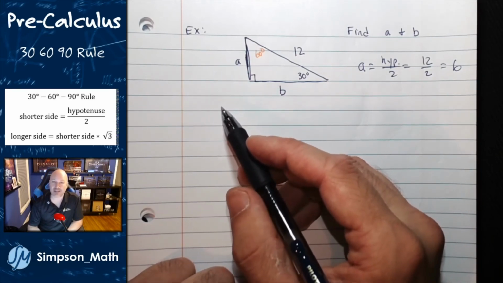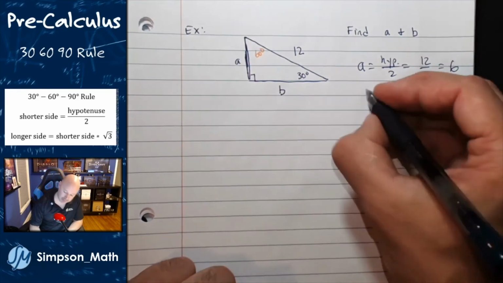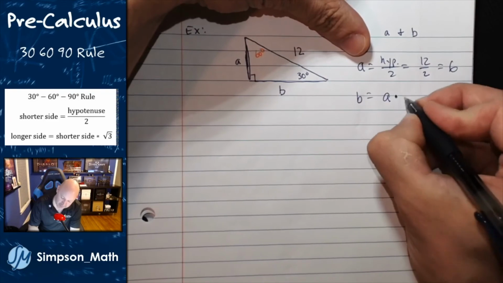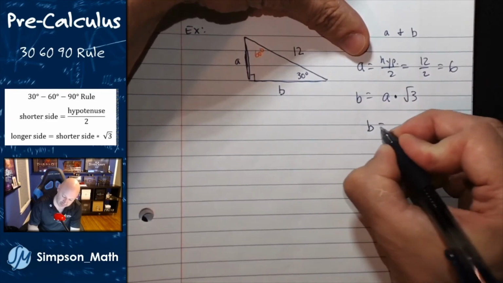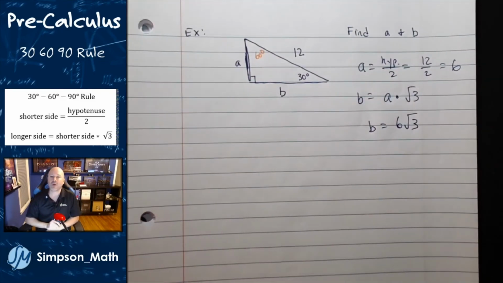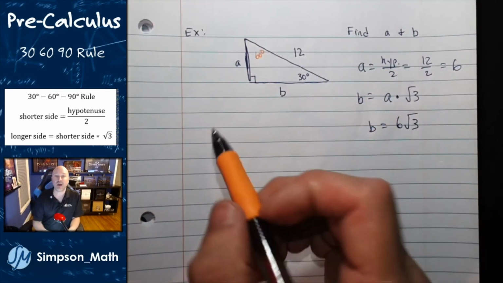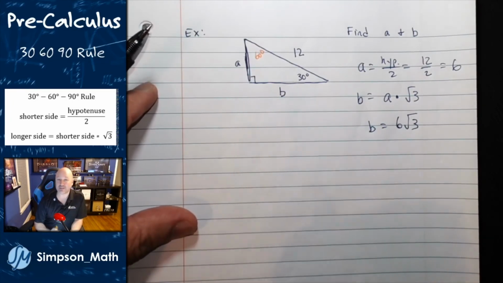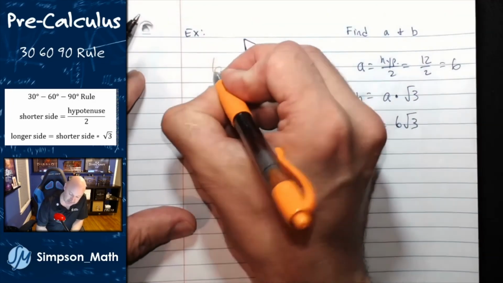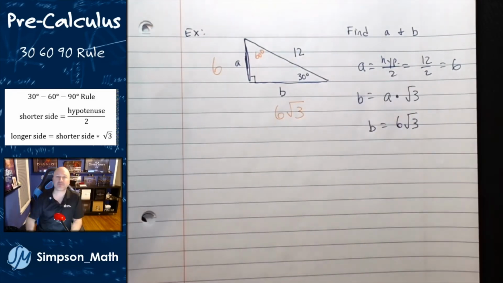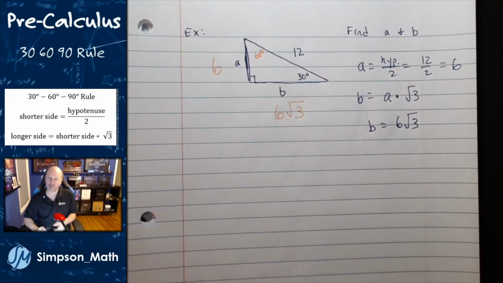It then says that the larger side length, b, is the shorter times root 3. So little b must be 6 times the square root of 3. So I'm able to, just using this rule, calculate the side lengths of the triangle. a was 6, and b is 6 times the square root of 3. All right, let's do it again.